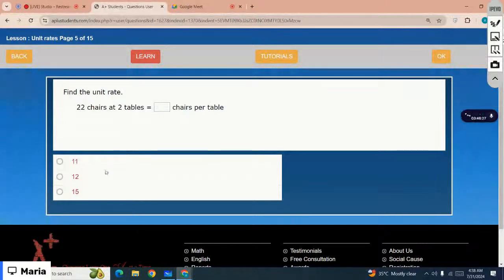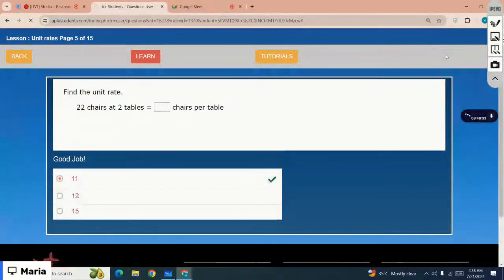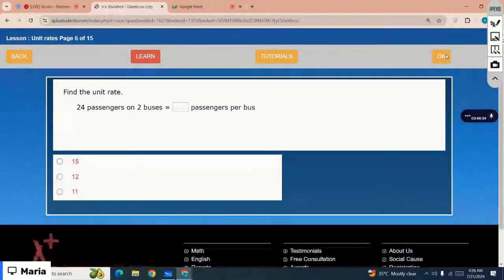Yes, that is 11 chairs per table. The correct option is 11. 24 passengers on 2 buses.